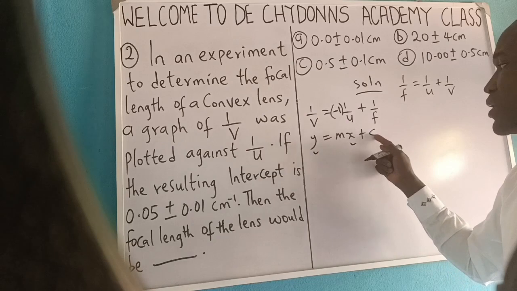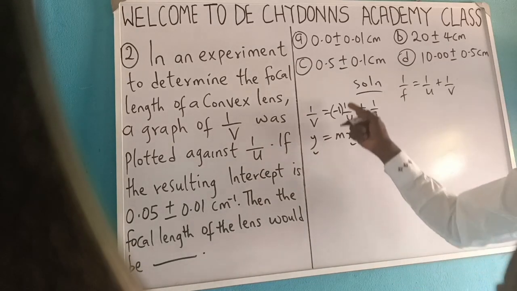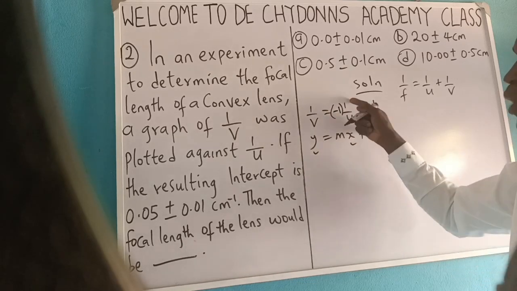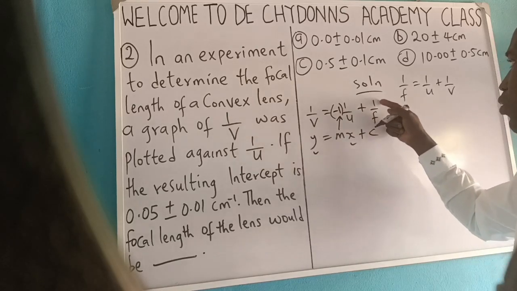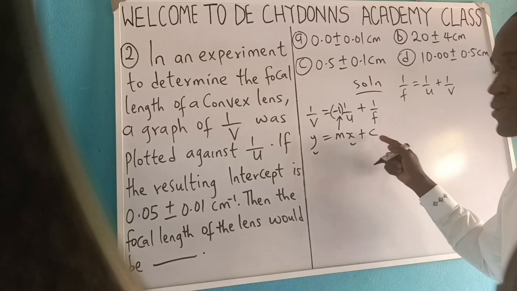That is where it meets the vertical axis. Now, comparing it to what we have here, y is 1 over v, x is 1 over u, m is what? Minus 1. 1 over f becomes the c. The c is called the intercept.